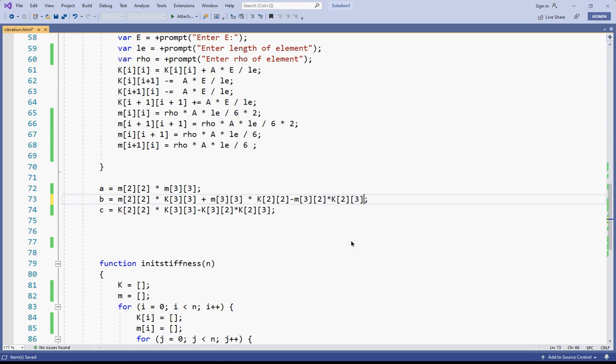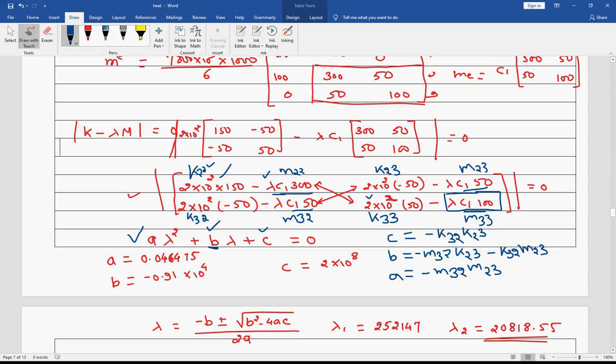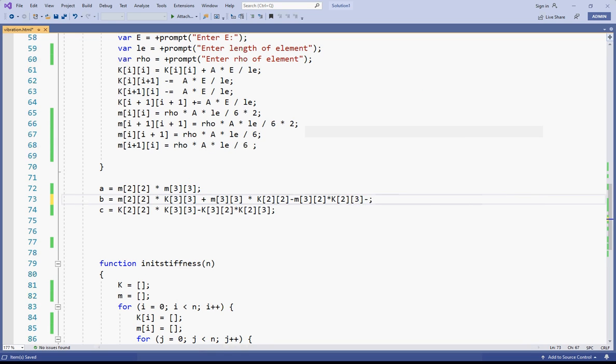I'll check one more time, 32 and 23, correct. Now minus K32 and M23, so minus K32 into M23.